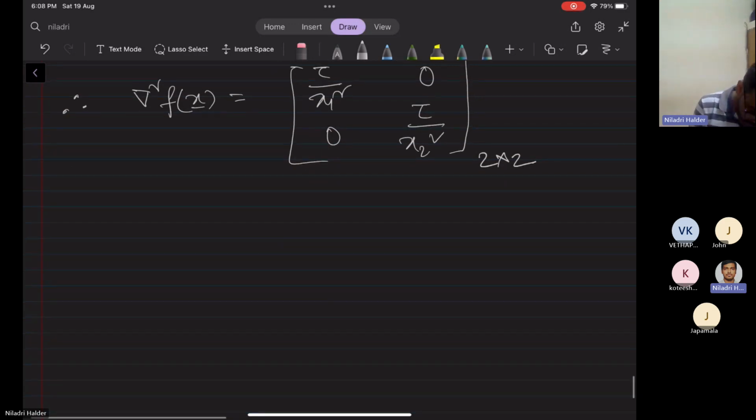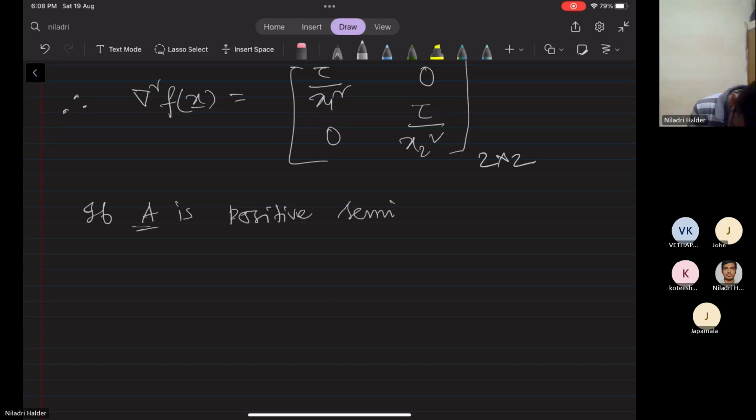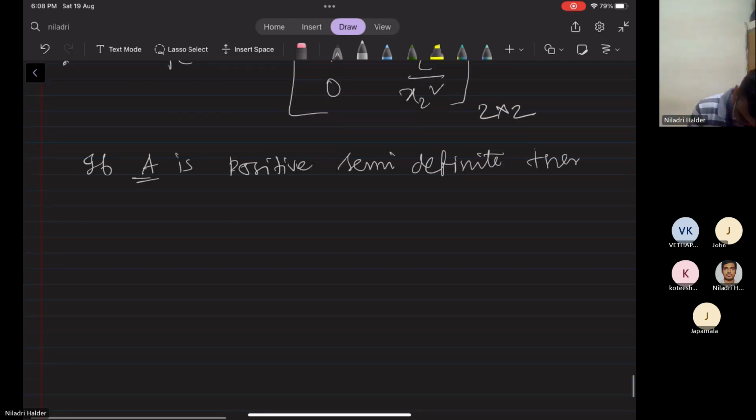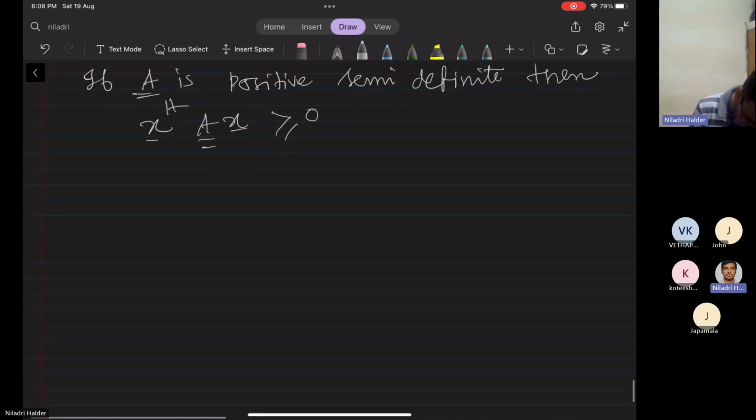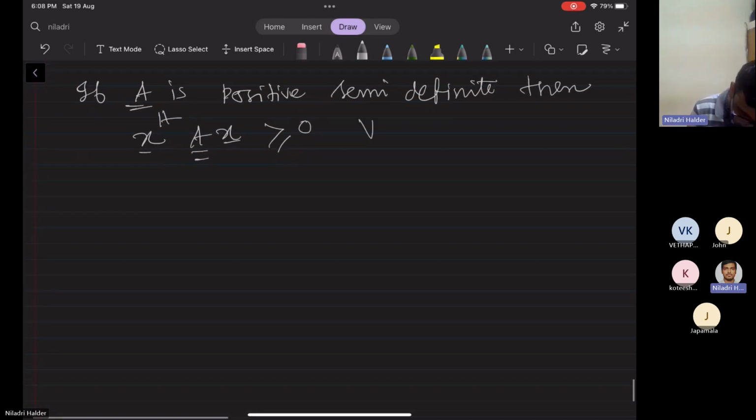So how? Suppose A is positive semi-definite, then x Hermitian A x is greater than or equal to 0 for all x.